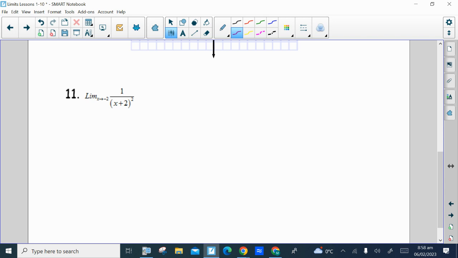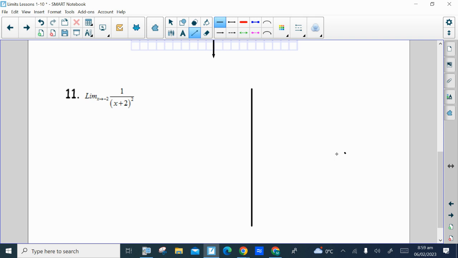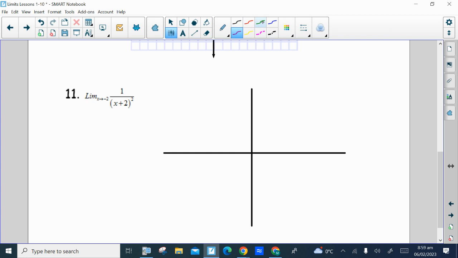No matter what number you put in for x, like let x equal -5, inside the bracket -5 plus 2 is -3, but then when you square it, you get +9. Okay? So in this case here, the denominator is always going to be positive. And because of that, the graph will always have positive values for y, right?